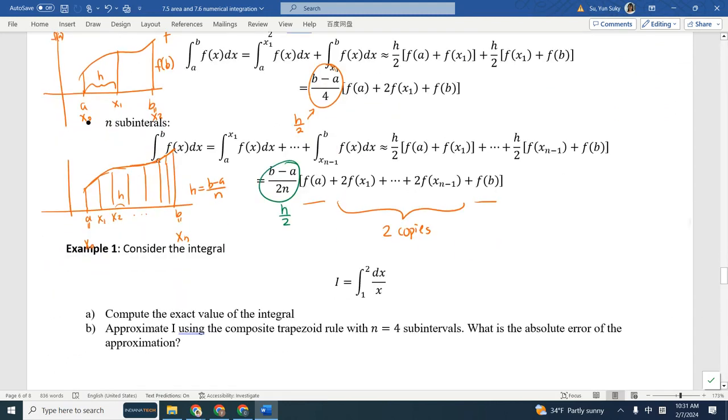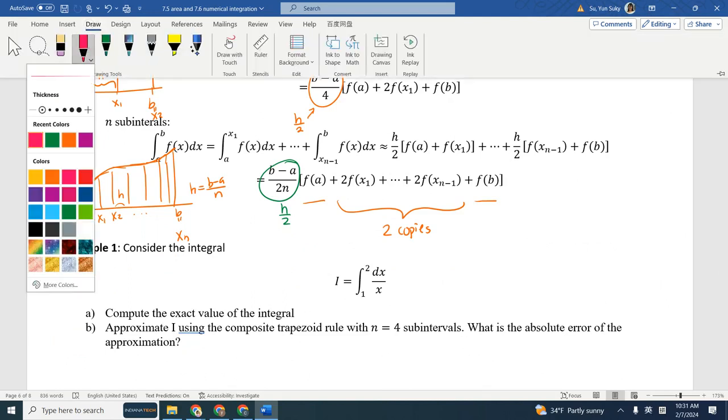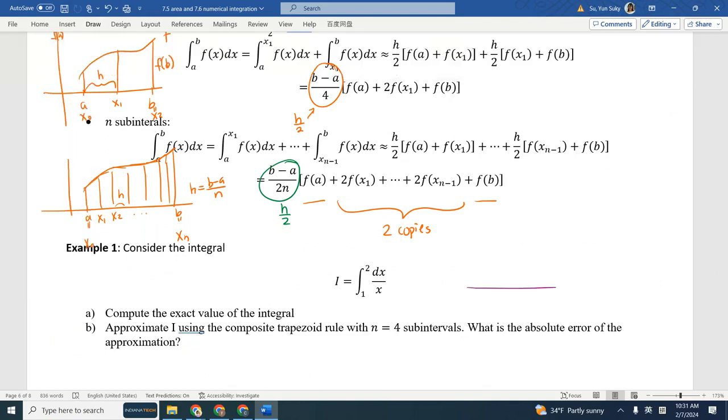Okay, now let's do this exercise. Consider the integral. If we want to draw the picture, this means we have the function 1 over x. You know 1 over x looks like that, right? A hyperbola, and it's from 1 to 2. So we're talking about the area here.